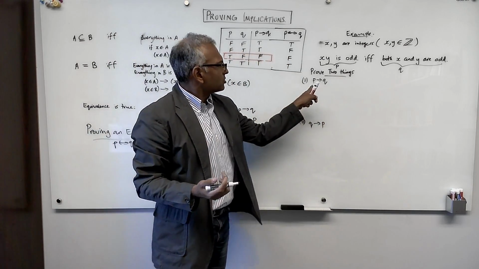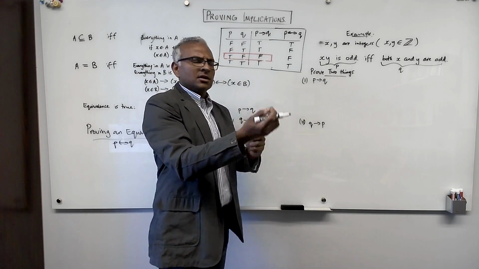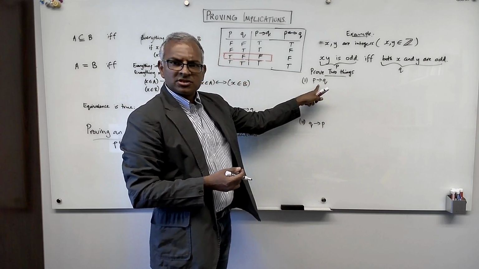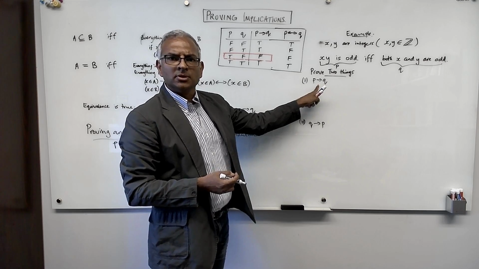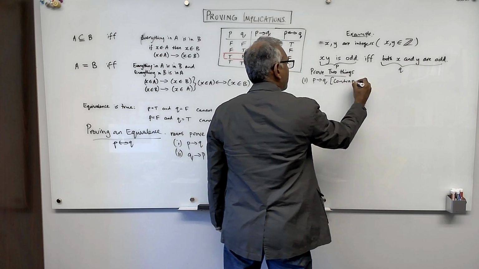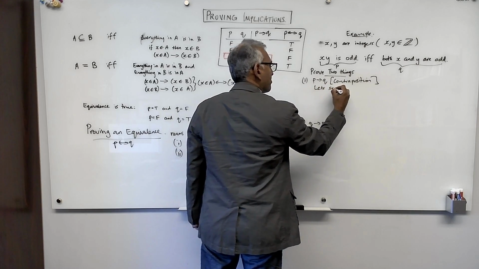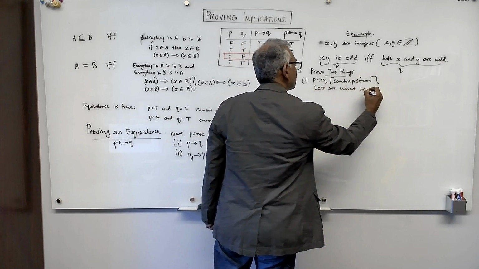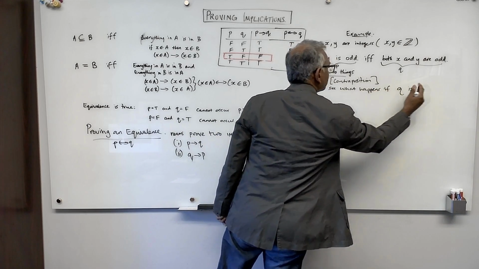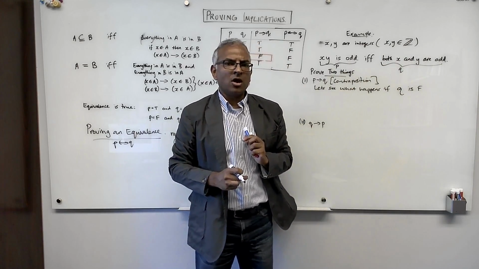So let's prove it. So let's prove P implies Q. So we have two techniques available, direct and contraposition. It turns out that this is easier to prove by contraposition. So let's see what happens if Q is false. So Q is false means both x and y being odd is not true.